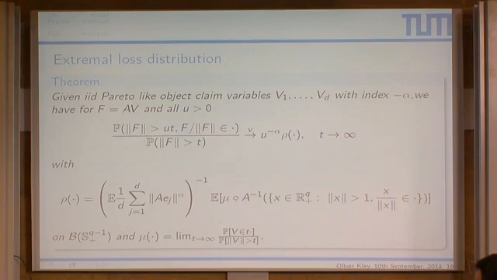And then we can actually state that our vector f of agent losses is regularly varying with minus alpha, and with a certain spectral measure rho.